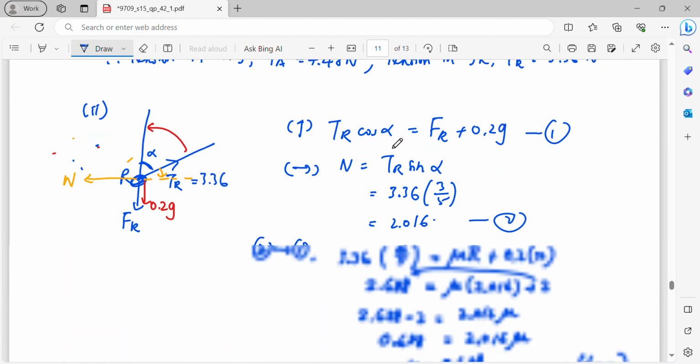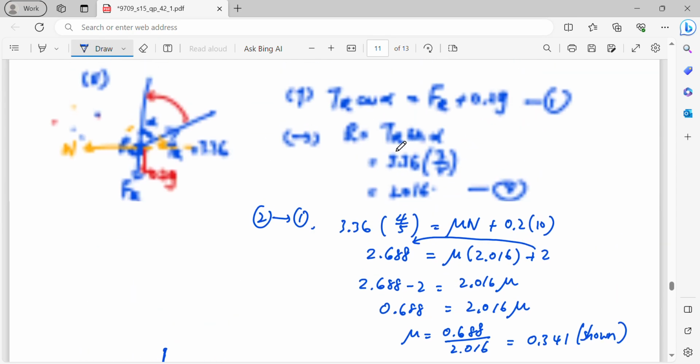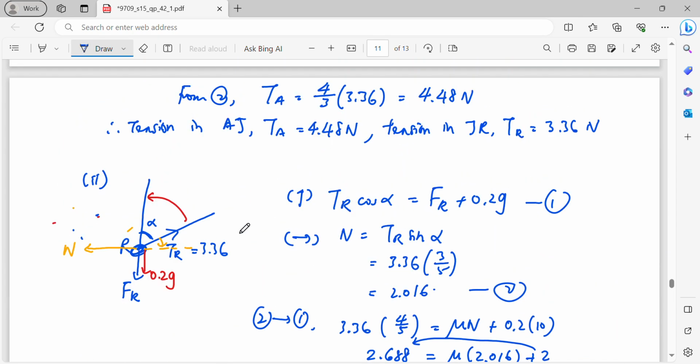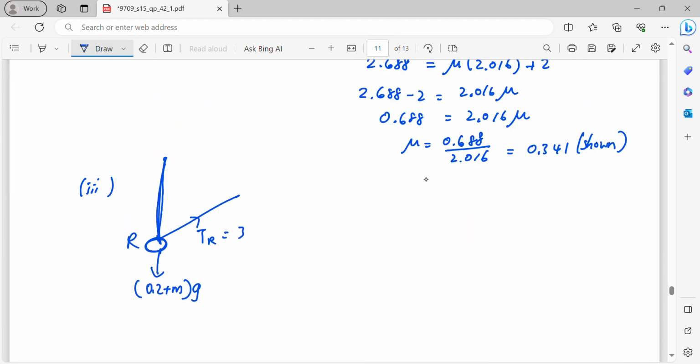That means now, when I consider the ring together with the particle, the mass becomes 0.2 plus m kg, and then the weight will be just multiplied by g here. Okay, and don't forget you still have the tension in the R. The TR remains as 3.36, and again here is alpha. Okay, here is 90 degrees.